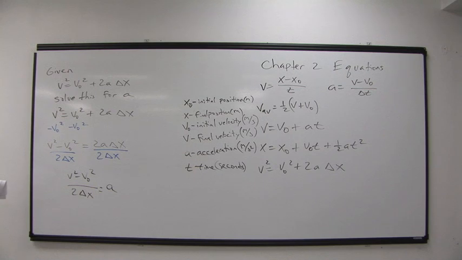So we've taken our equation, rearranged it, and solved it for a. For any of those equations, you should be able to solve it for each of the variables that are there.